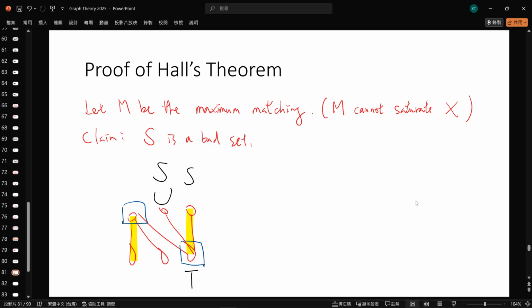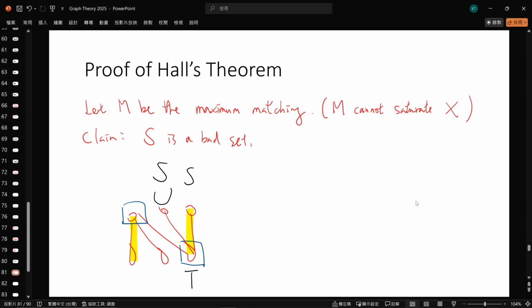okay. So in this example, we have these two vertices in S, and it's clear that these two vertices form a bad set, because the size of S here is 2, and they only have one neighbor. Okay.